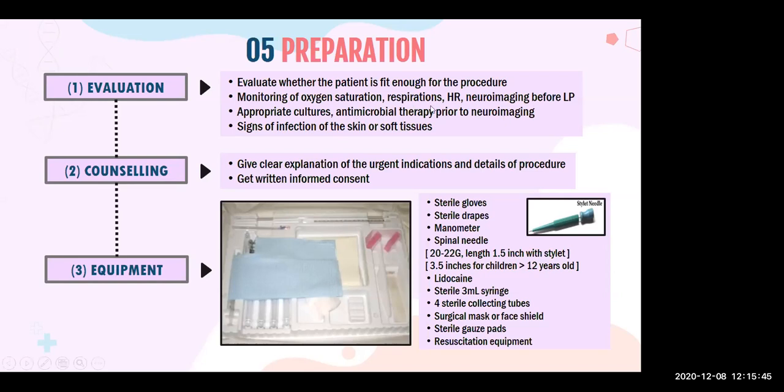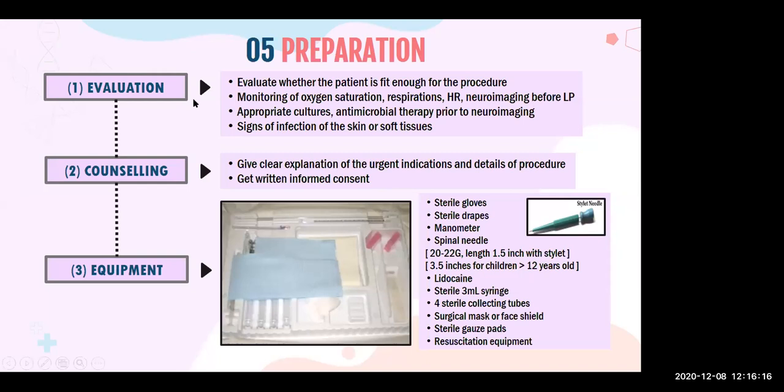And after that, it's also important to give a clear explanation regarding the urgent indications, why we need to do this lumbar puncture to this patient, and also the details of the procedure. It's also good if we can get a written informed consent, because although lumbar puncture is a quick and simple procedure, it can also have complications.